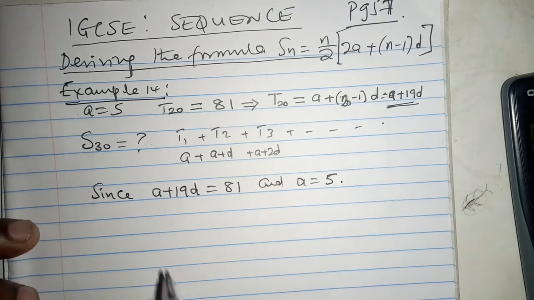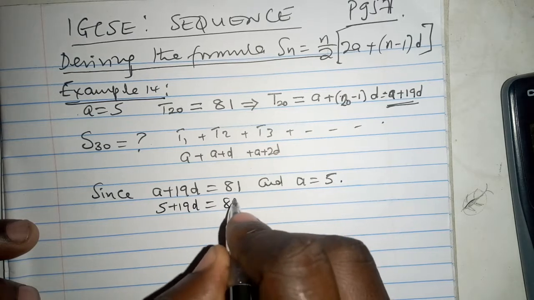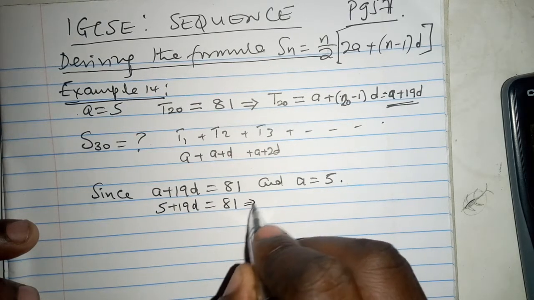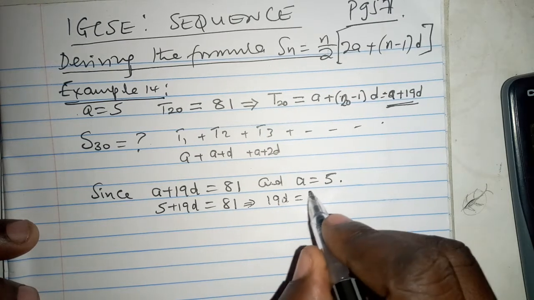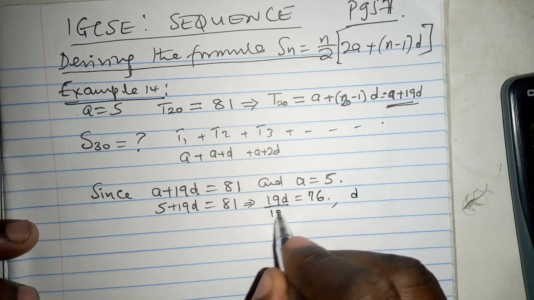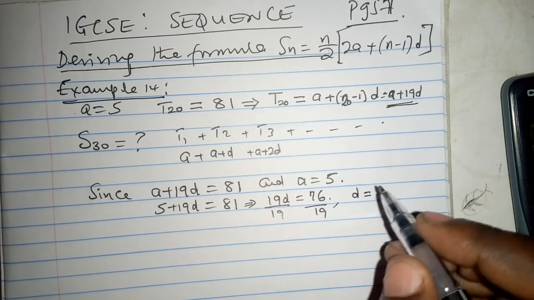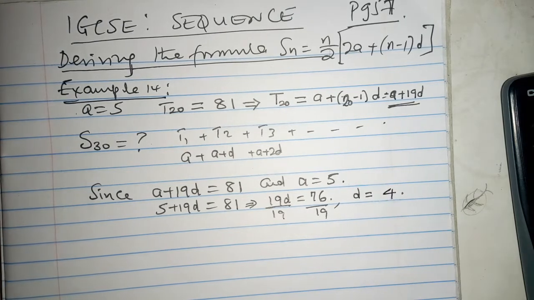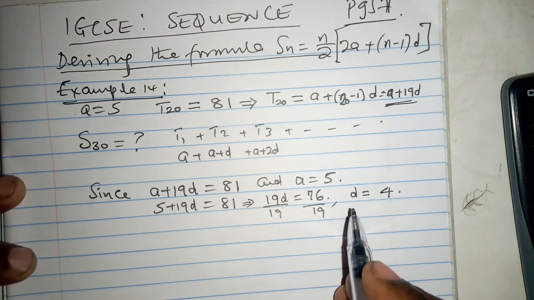Substituting, 5 plus 19d equals 81. So 19d equals 81 minus 5, which is 76. Dividing both sides by 19, we get d equal to 4.